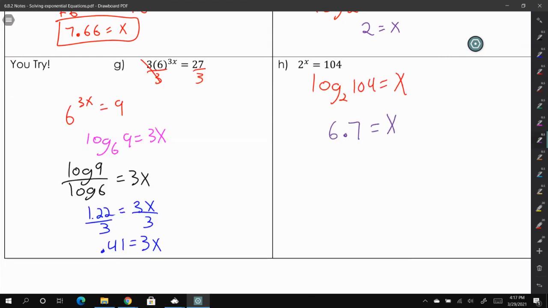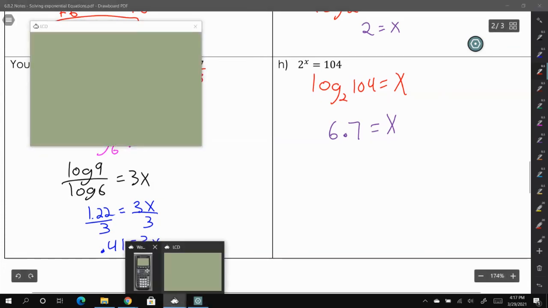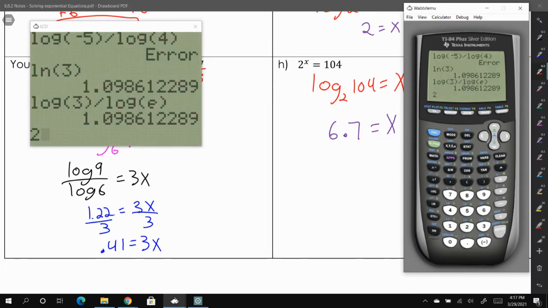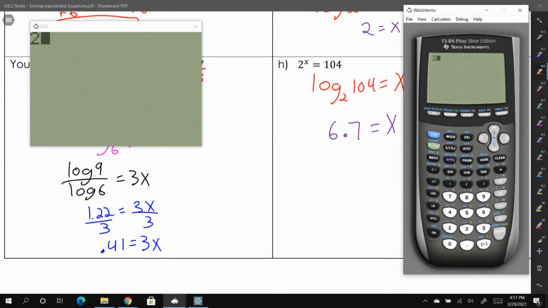All right, so here are your answers and the work that goes with it. So one of the things you could do is double check your answers. And what I mean by that is if you look at letter H, if I do 2, let me clear all this, 2 raised to the 6.7 power, plugging x back in, I get 103.968, so on.